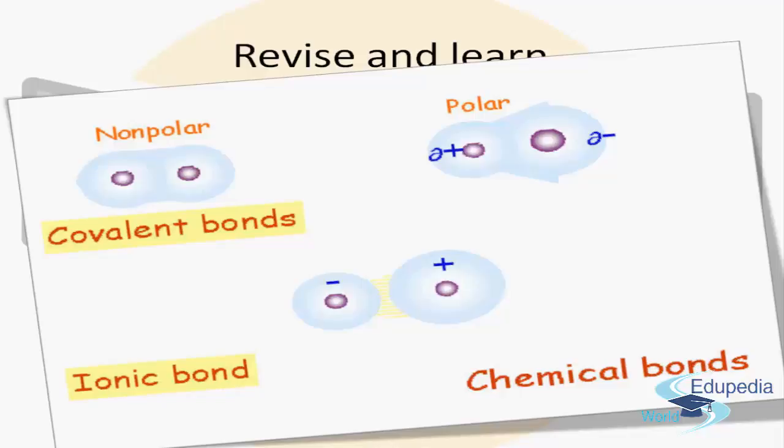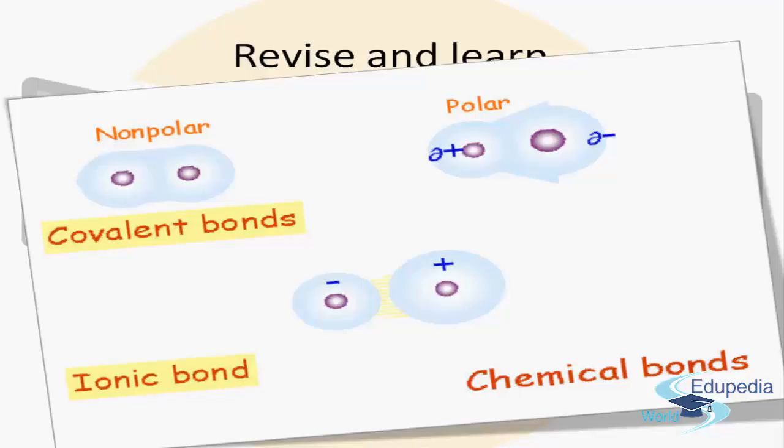Now what is this covalent, non-polar and polar? Basically, the ability of an atom to attract or share the electrons of the bond towards it is called the electronegativity of the element. With this concept, we have non-polar and polar covalent bonds.